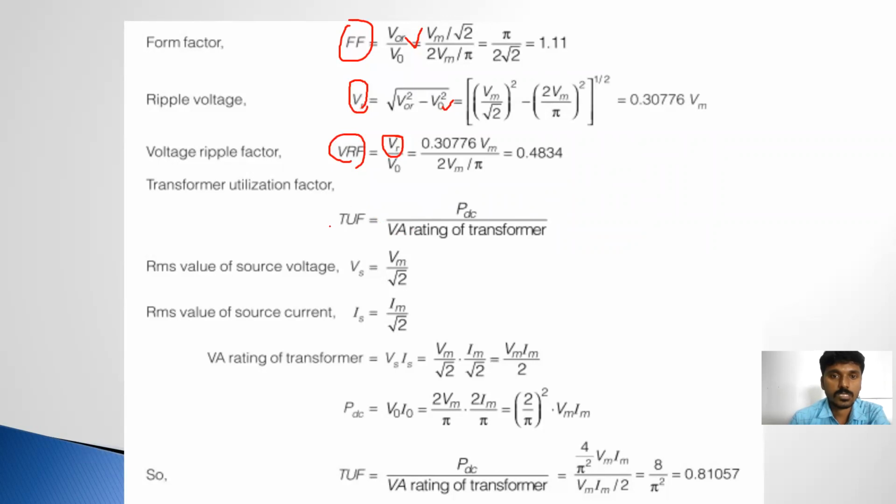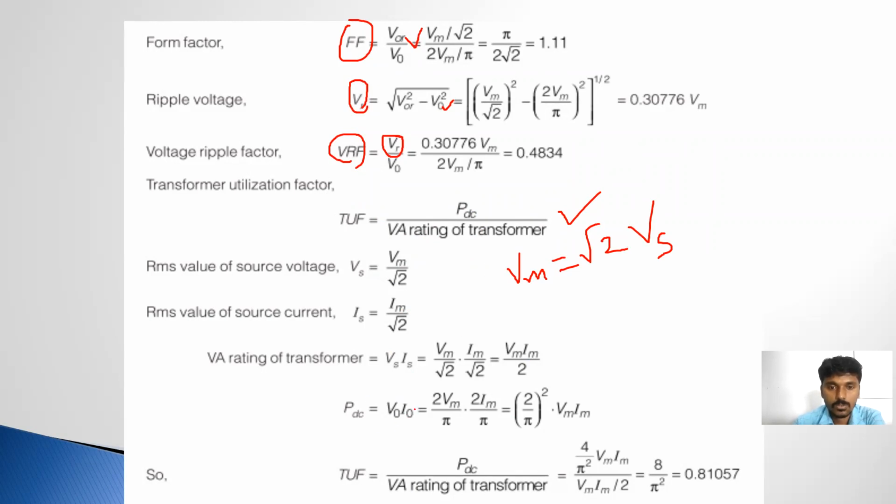Transformer utilization factor is output DC power upon the VA rating of the transformer. Vs is equal to Vm by root 2; we know the formula Vm is equal to root 2 into Vs. In the same way Is is equal to Im by root 2.